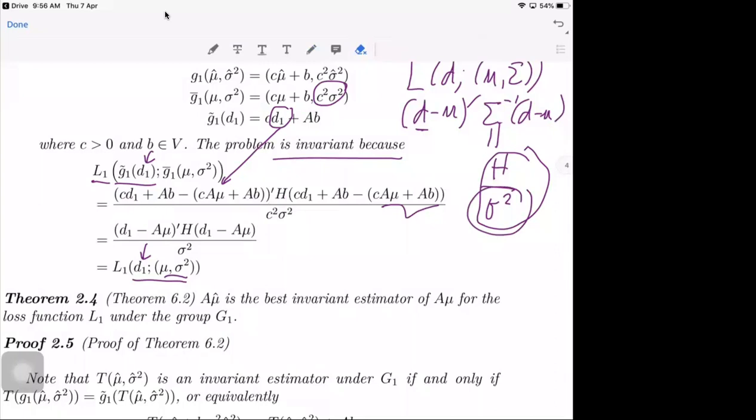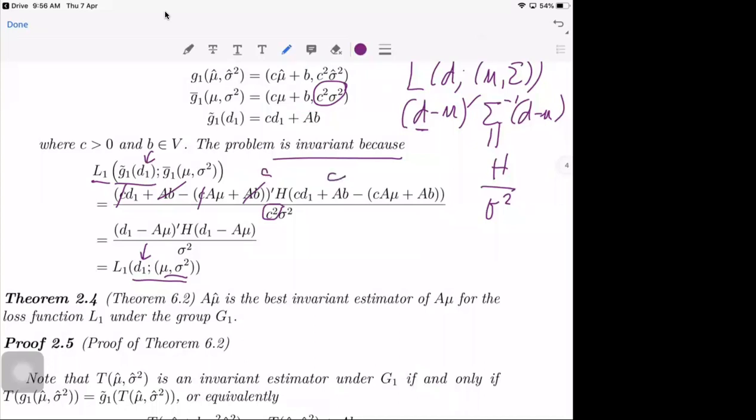And then if you try to simplify that, makancel ning AB, and then kining C squared makancel sa C ug C diha, no? So this will give you this one. And this is actually the original loss function at mu and sigma squared, no?